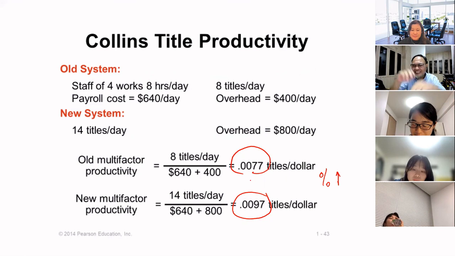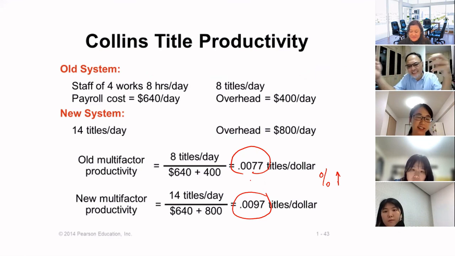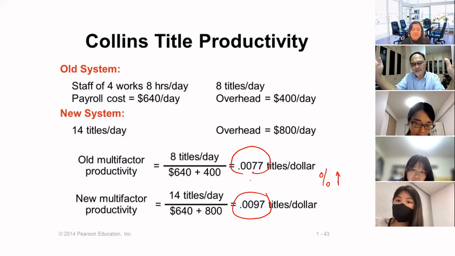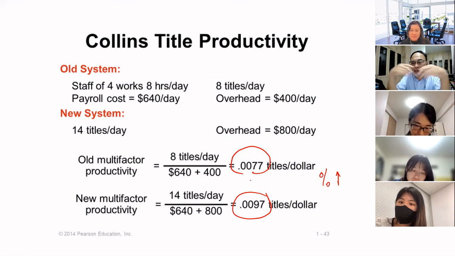You can try and find out the percentage increase in productivity: 0.0097 minus 0.0077, divided by 0.0077, multiplied by 100%. You get the percent increase. But you're right, you better invest in the new system because we can produce more. Why should we not invest and get more productivity?